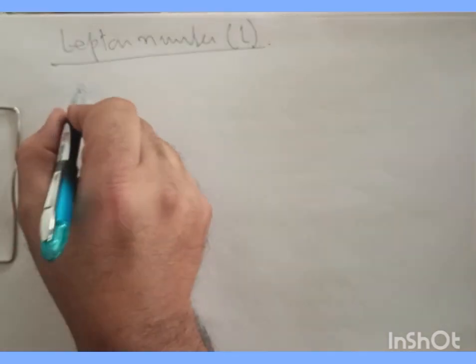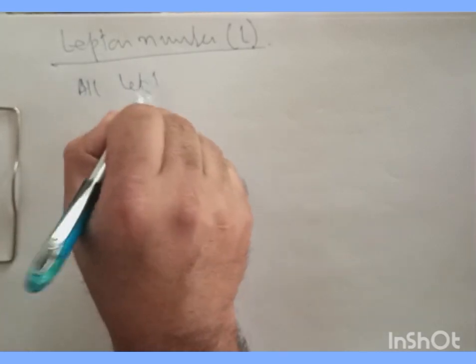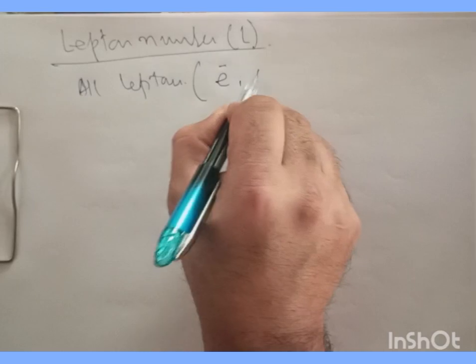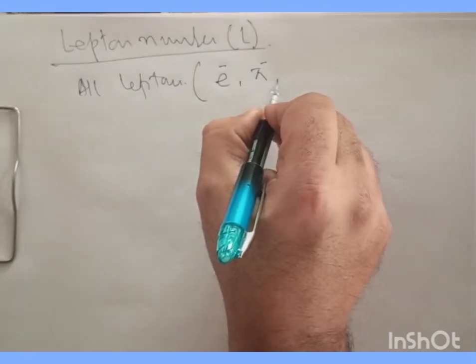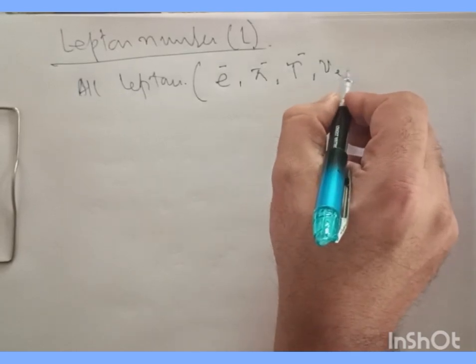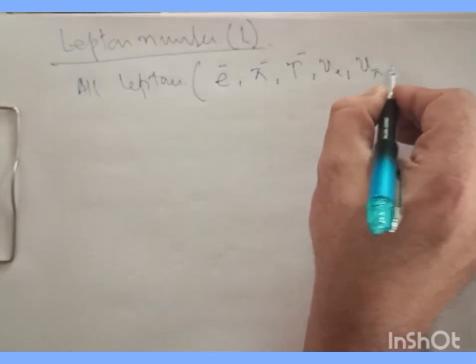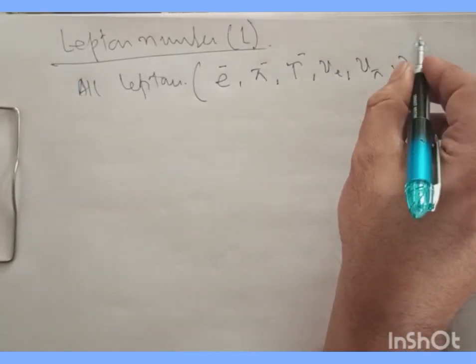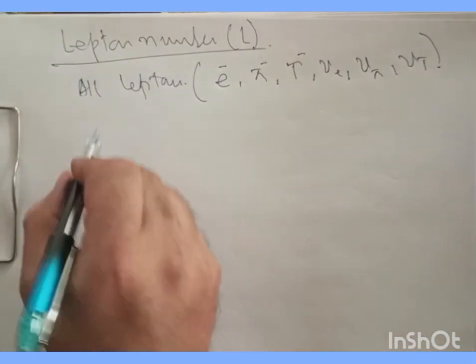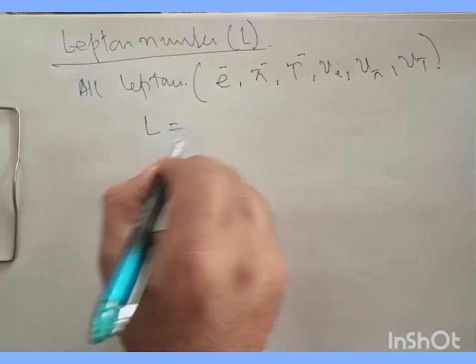All leptons, e minus, mu negative, tau negative, nu e, nu mu, and nu tau, all of these particles have a lepton number of +1.